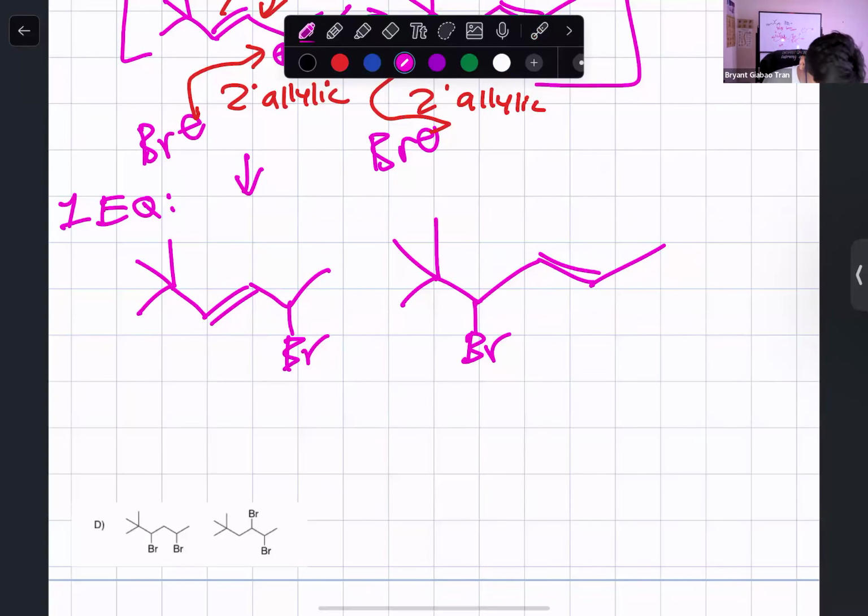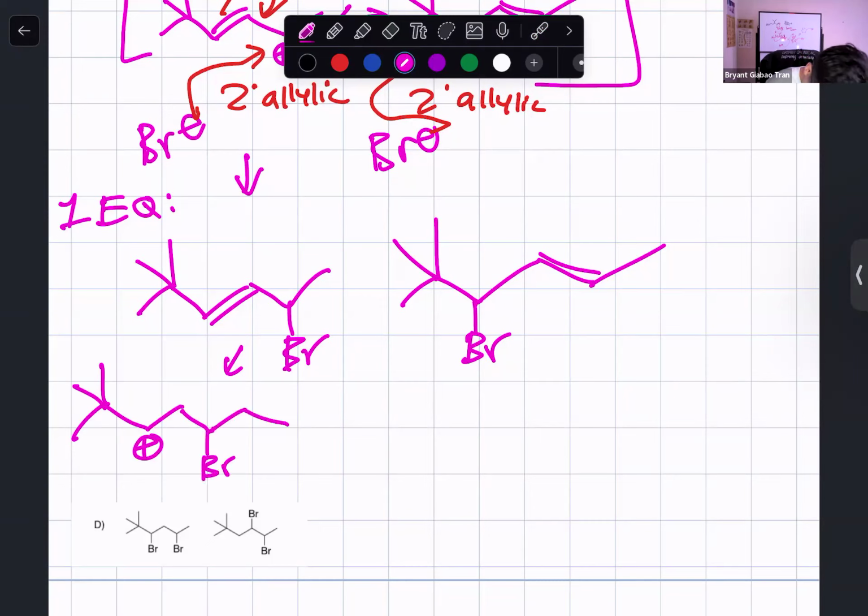So now we're gonna react each alkene here with HBr, right? So notice how both carbons here will give you the equal carbocation. Let's say that I draw in the carbocation for each carbon of the alkene like this.